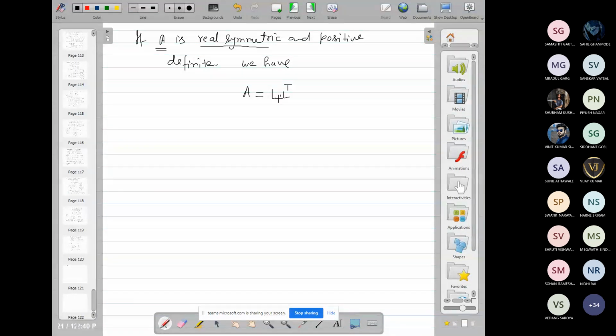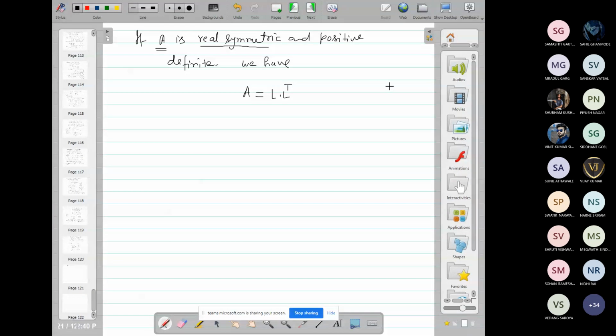So here the advantage is no need to determine L and U both. We only need to determine L. If we know L, then we obtain L inverse.